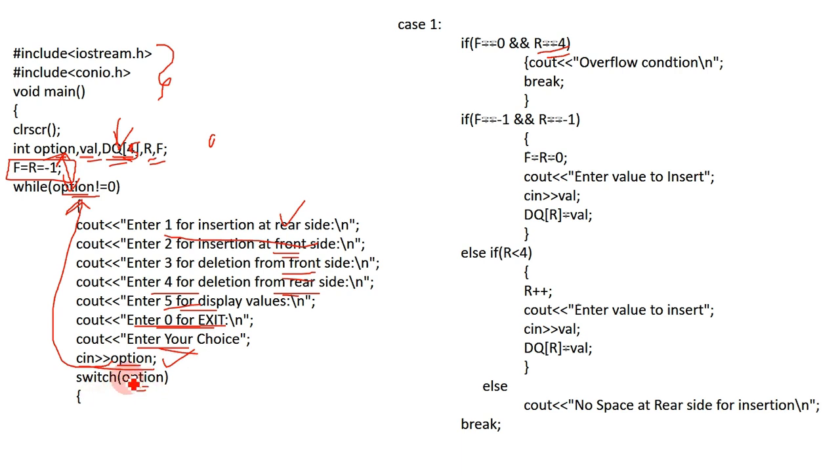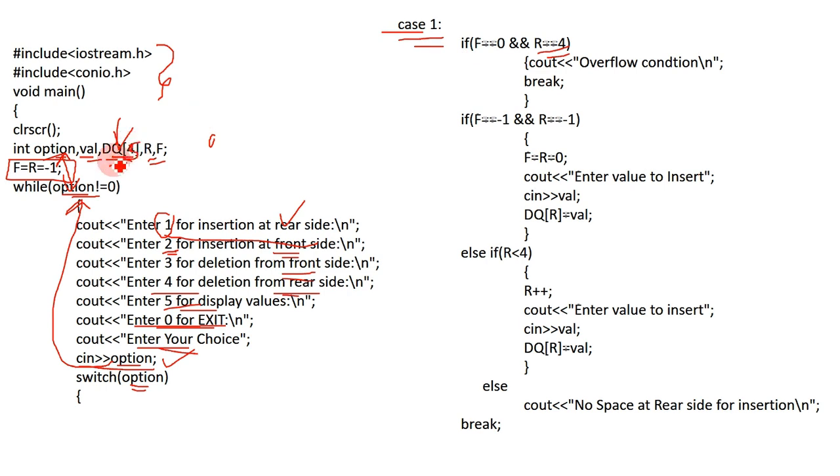For example, if you press 1, the control will go to the first case, and if you press 2 from the keyboard, control will go to the second case, that is insertion from the front. Okay, so first case is insertion from the rear end, second is insertion from the front end, third is deletion from the front, 4 is deletion from the rear. Okay, so these are the options. So case 1 means insertion from the rear end. Okay, this is the normal insertion.